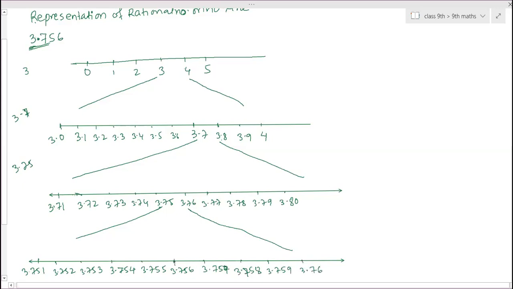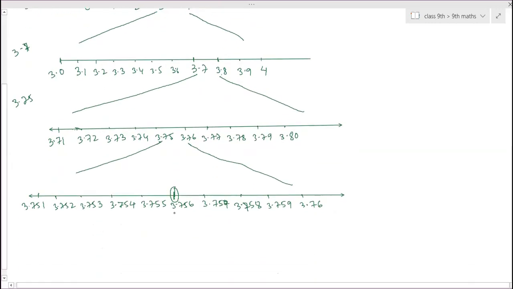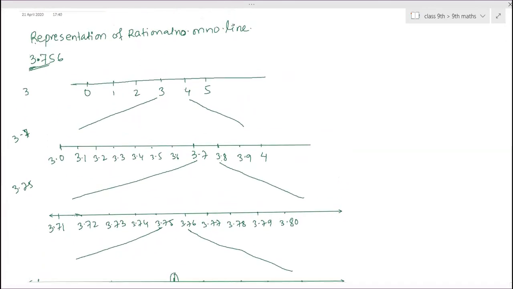So here is our 3.756, which is what we actually have to show. This is the required point. Is this clear? The area we keep on magnifying, and the numbers in between we have to keep on showing.